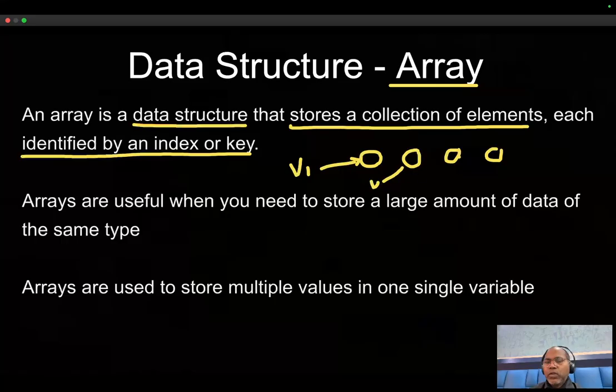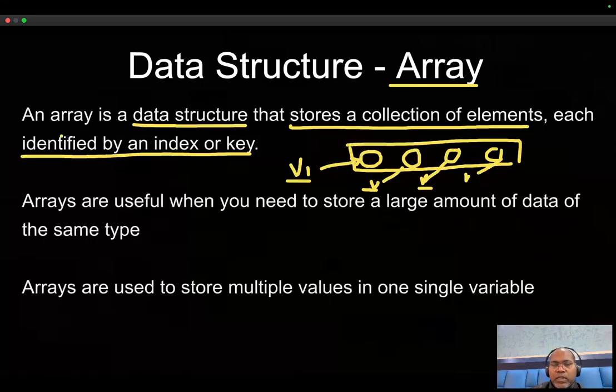So if we are going to store these four elements, we are going to create multiple variables: variable 1, variable 2, variable 3. Now array is a concept in data structures that allows you to consider a collection of elements as a single variable.